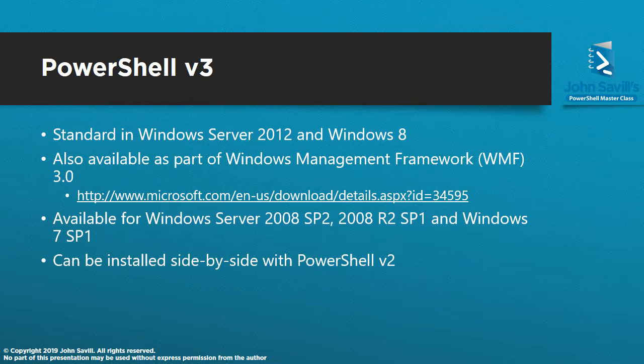I could run it side by side with v2, and if you've got anything less than this, go get it now. You need at least PowerShell v3. It introduced a lot of cool capabilities around better sessions, robust sessions, scheduled jobs, delegated admin, simplified language syntax, easier to find commandlets. Really, I need to be at least there.